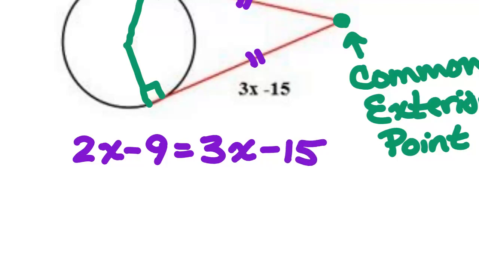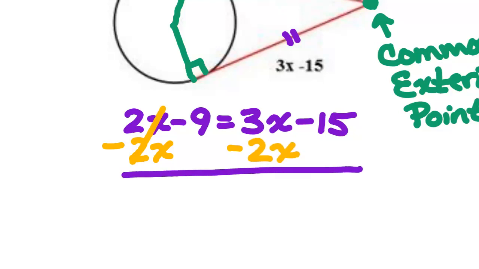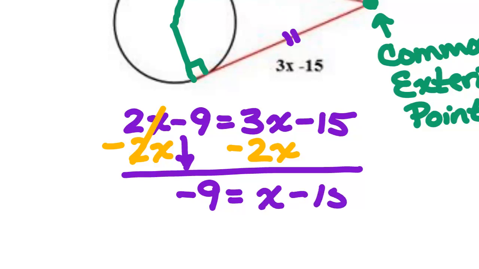What's the first thing I need to do to solve this for x? Get the x's on the same side. So I'm going to minus 2x from both sides. Don't forget to bring your negative down. So I have a negative 9 over on the left. 3x minus 2x is 1x, and then minus 15.